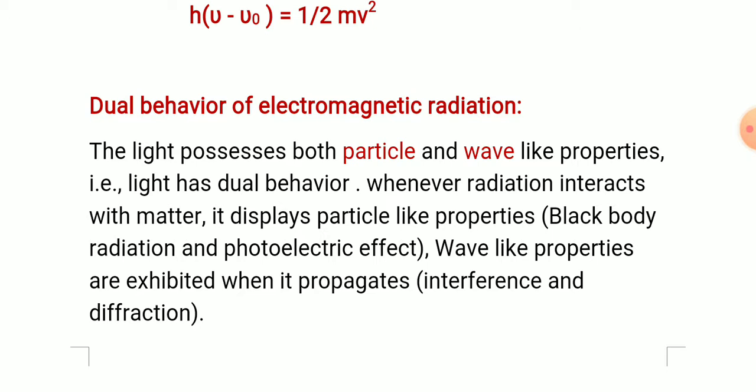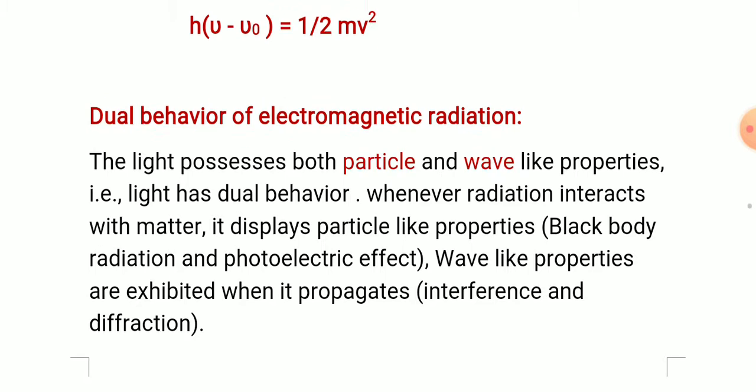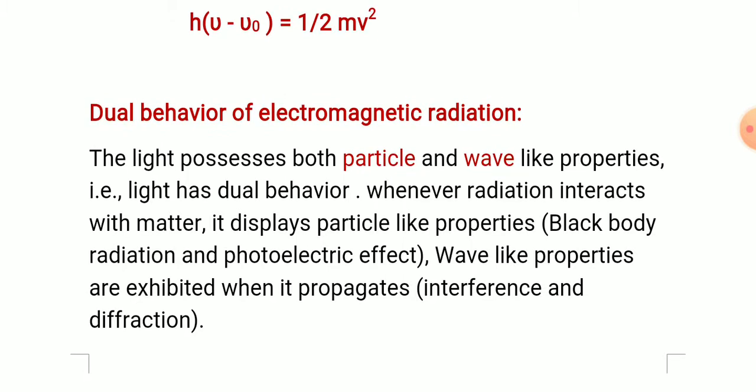To explain different phenomena, you have to assume particle nature of light in some cases and wave nature in others. For example, in black body radiation and the photoelectric effect, you have to think that light consists of particles, and to explain interference and diffraction, you have to think that light acts as a wave, that is, light propagates in the form of waves.